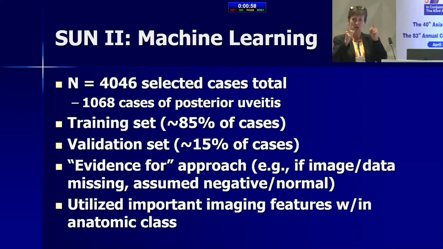So they combined or engineered these features so that you didn't have 1,500 some odd variables you were trying to cross-reference, which makes it very hard to do with standard machine learning capability.